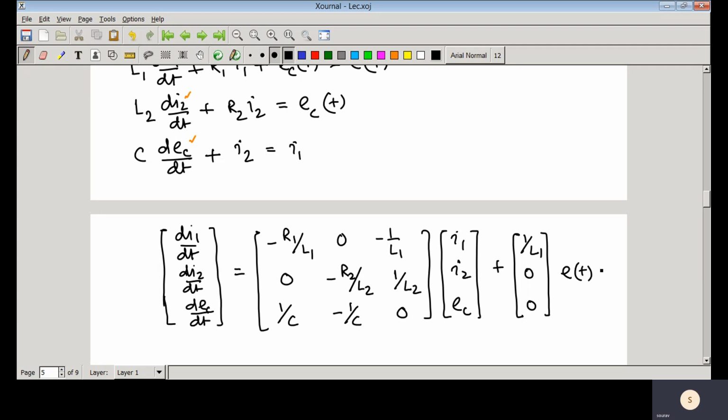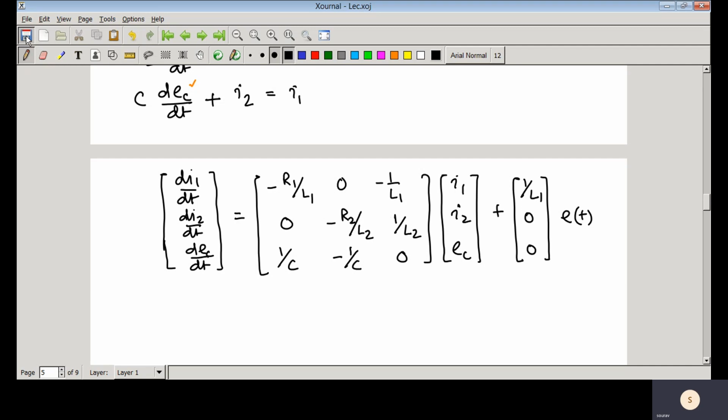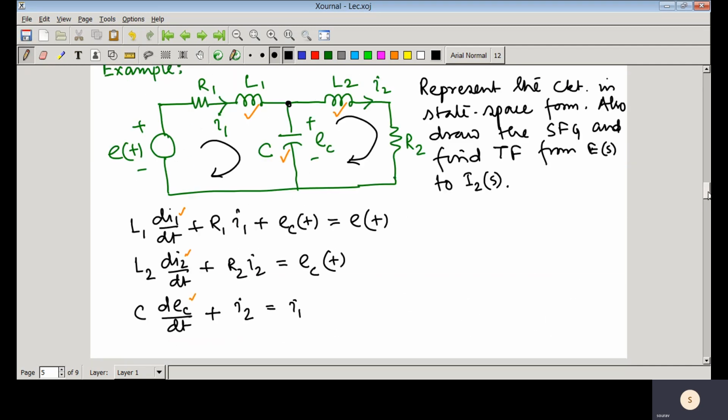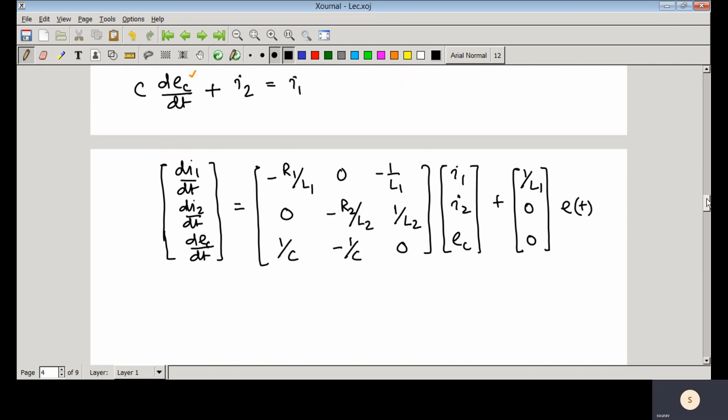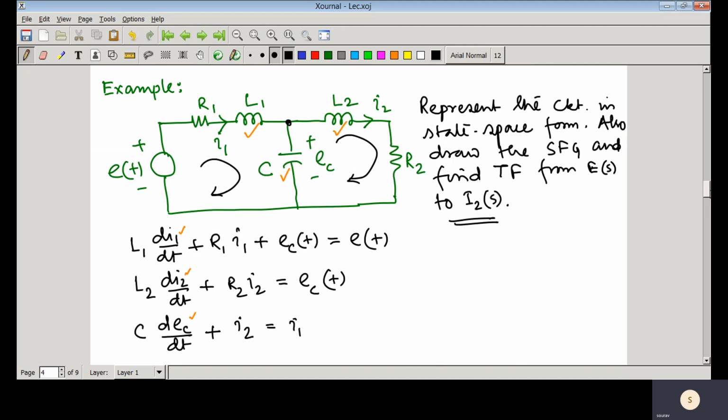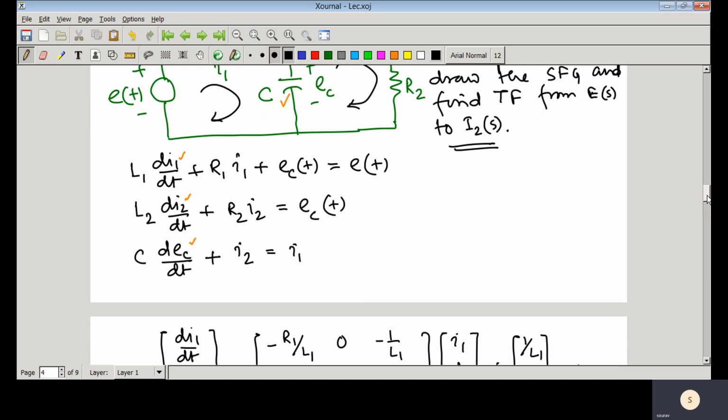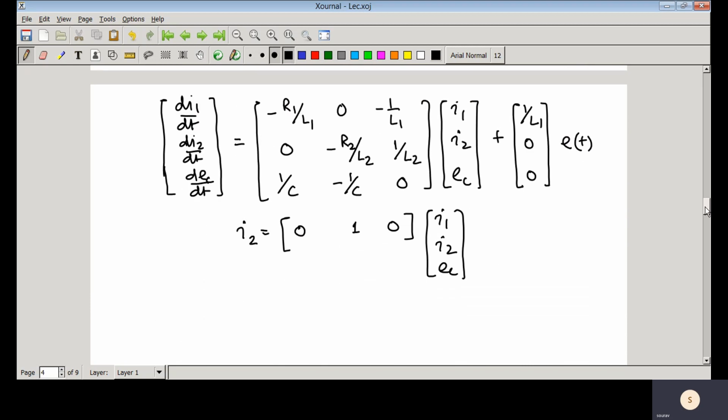This is the system equation. Then we need to write the output equation. The output is I2, because you can see here we need to find the current I2. So I2 is equal to, this is the second state variable, so it picks out the second of I1, I2 and EC. So we have one circuit, and for that circuit we get one state space model. First we write the differential equations, and from there we get the state space model.